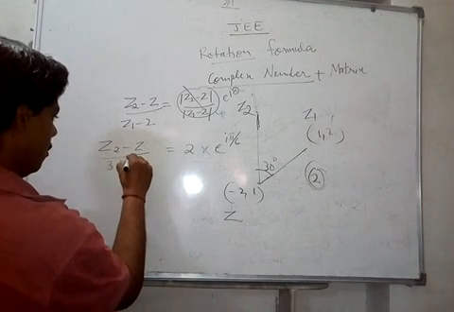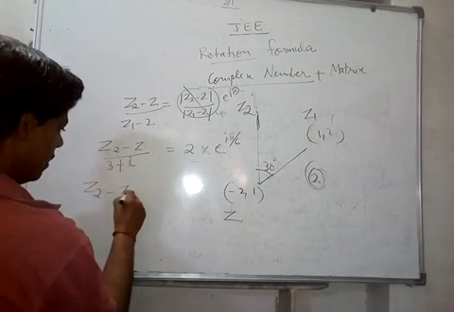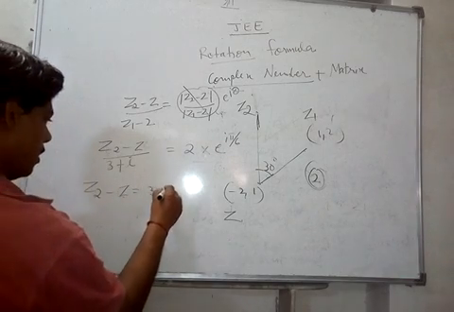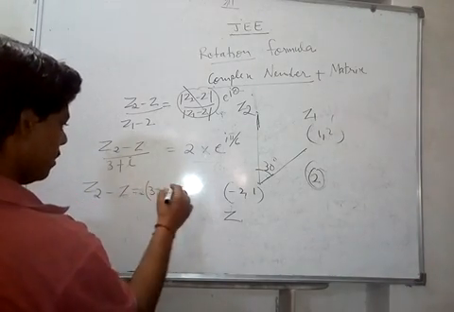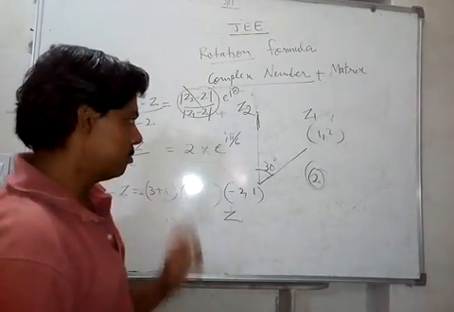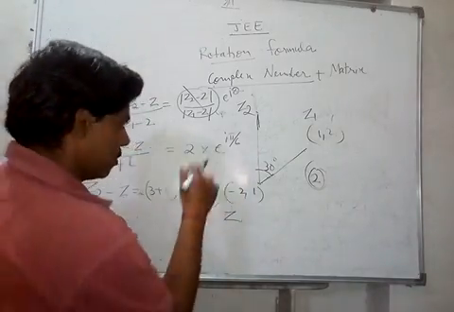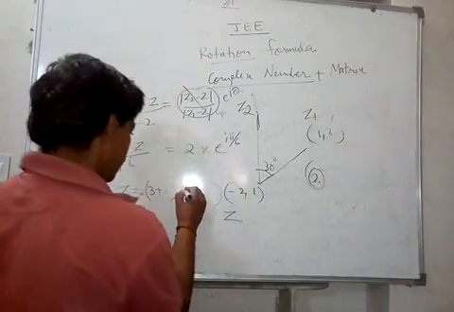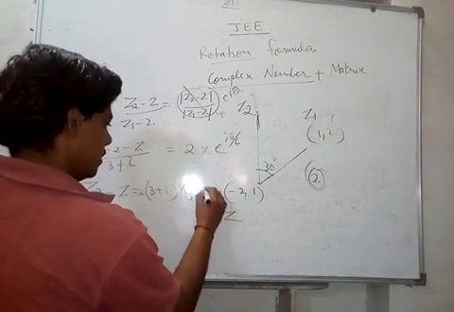So now we can take it to that side, so we get z2 minus z is equal to 3 plus iota, okay, and this 2 I can write here, and we have to write it in Euler's form now, in the trigonometric form, cos theta plus iota sin theta. Cos pi by 6 is root 3 by 2 plus iota sin pi by 6 is 1 by 2.